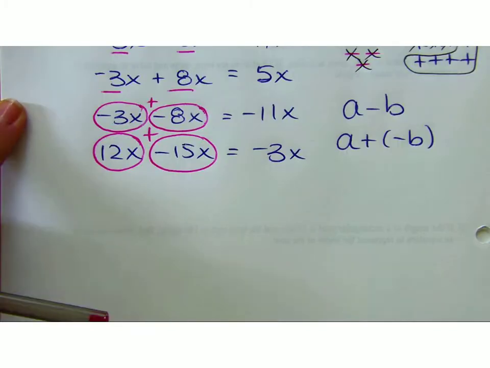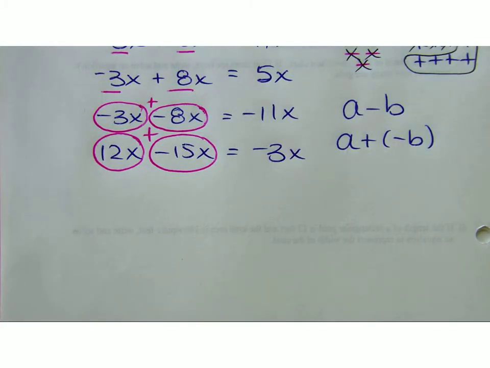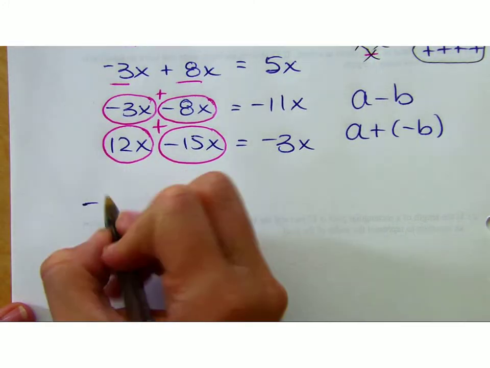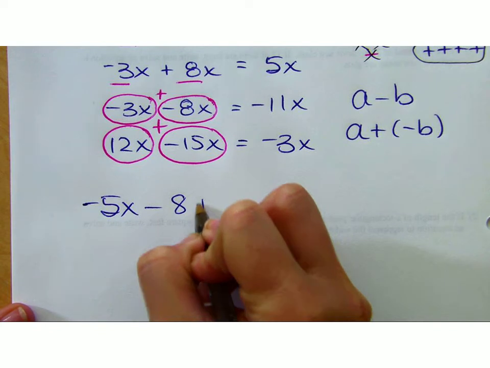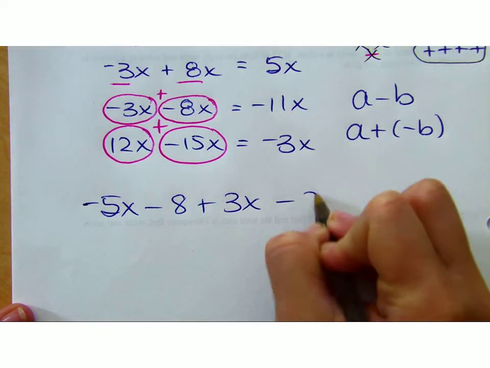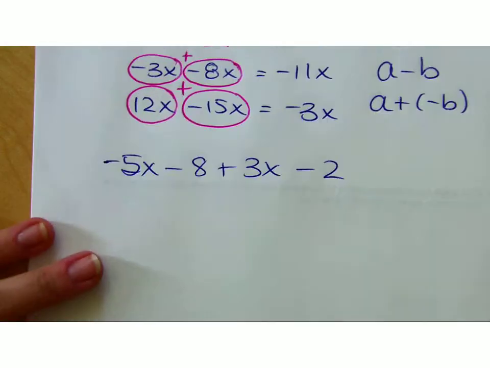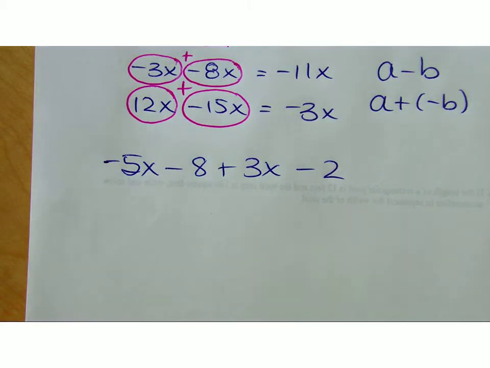Okay? So then we get to problems that look like this. Negative 5x minus 8 plus 3x minus 2. And when I teach combining like terms for the first time, I get out 2 different color highlighters, and I say, all right, where are all my like terms?